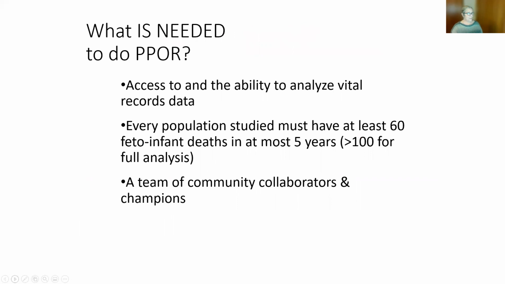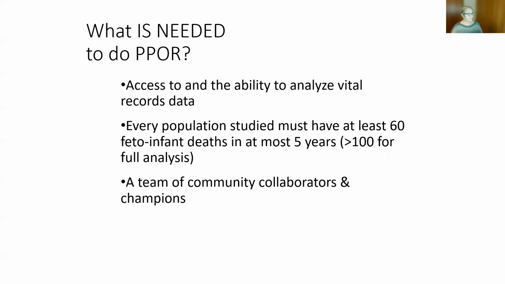If you want to do PPOR, you have to get access to the raw vital records data files. That is a row for each person, so case-wise data, and you need somebody who can analyze that. It's not rocket science, but it takes a little bit of software to help you. And every population that you want to study has to have at least 60 deaths.